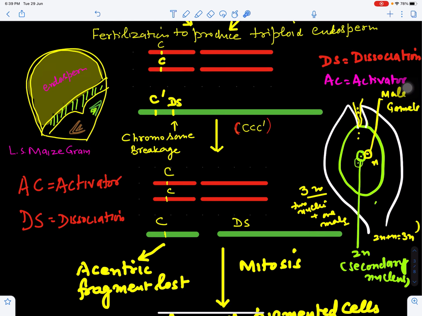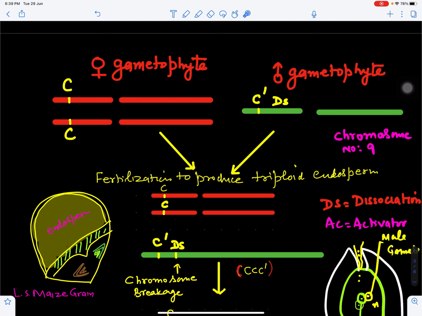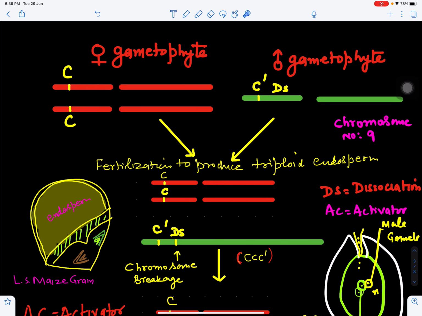So we can see here in the chromosomes. Now this is the female gametophyte and this is the male gamete, which is coming from here. This is the chromosome of the female gametophyte having the CC gene, so its genome is CC. Here we will name it C prime, and the DS factor is also associated with it.